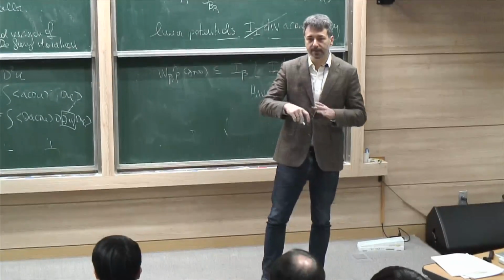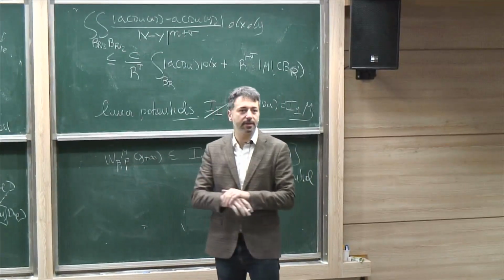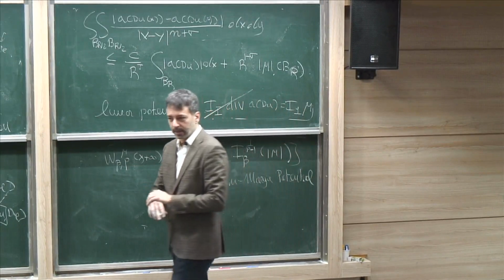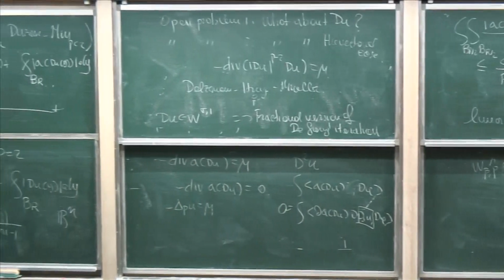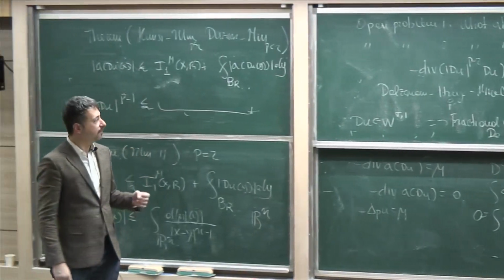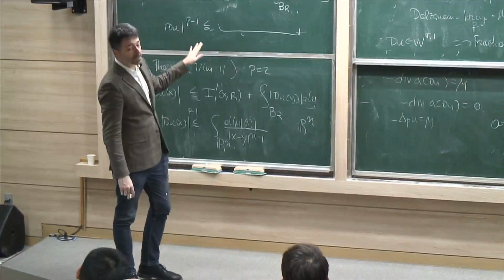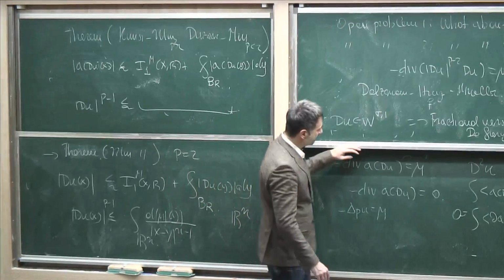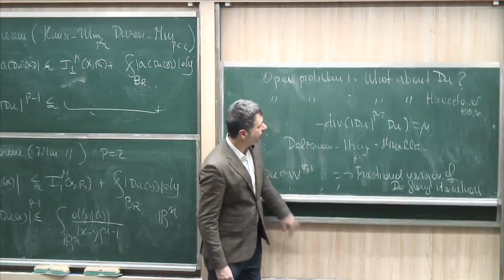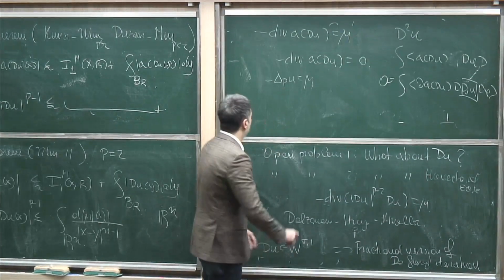So the nonlinear theory has disappeared, and now the linear theory goes back. What about the second problem? The second problem has a more recent solution, and we have essentially the same two results in a new paper, which is probably the best paper of this series, called Vectorial Nonlinear Potential Theory.